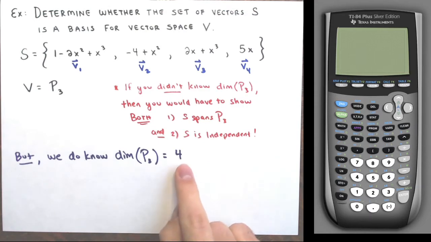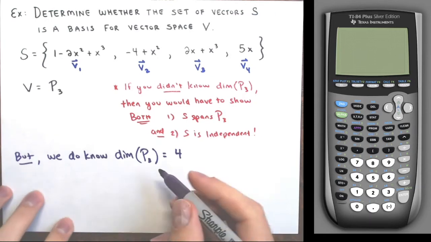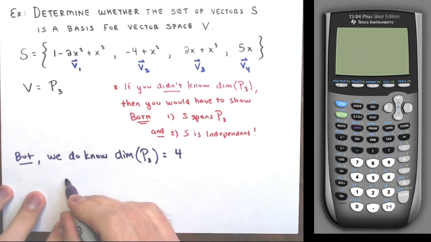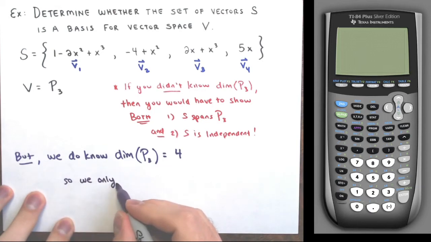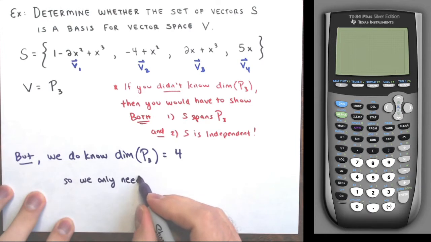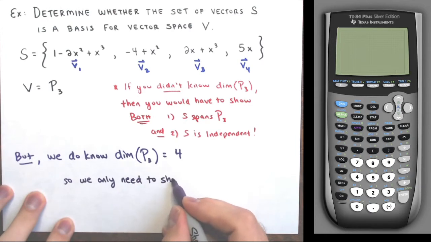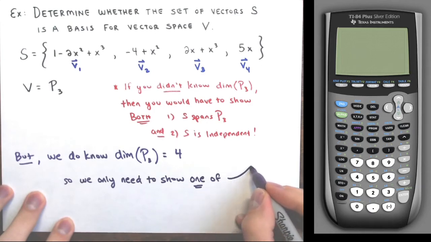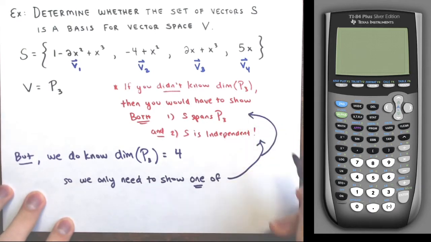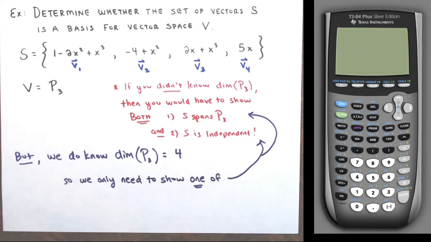All right. So since I know this, we only need to show one of those things. We only need to show either S spans P3 or S is independent.